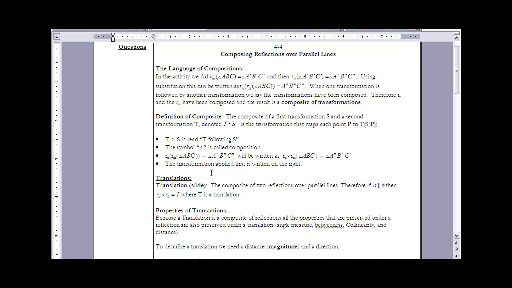What's important to understand is that the transformation applied first is written on the right. So the first transformation I'm going to do is not over N. The first transformation I'm going to do is the transformation over M, and then I'll do the transformation over N.